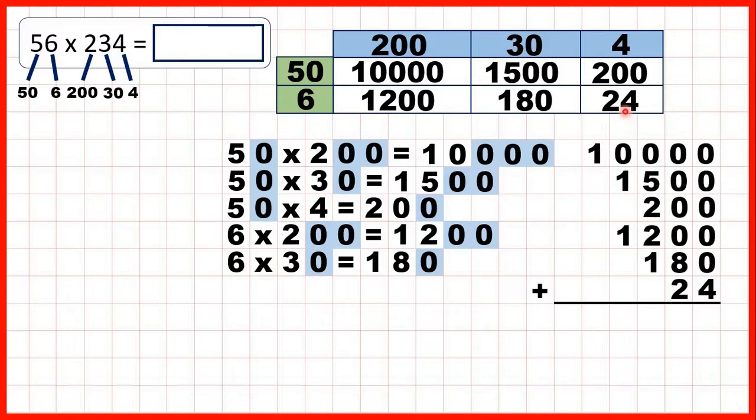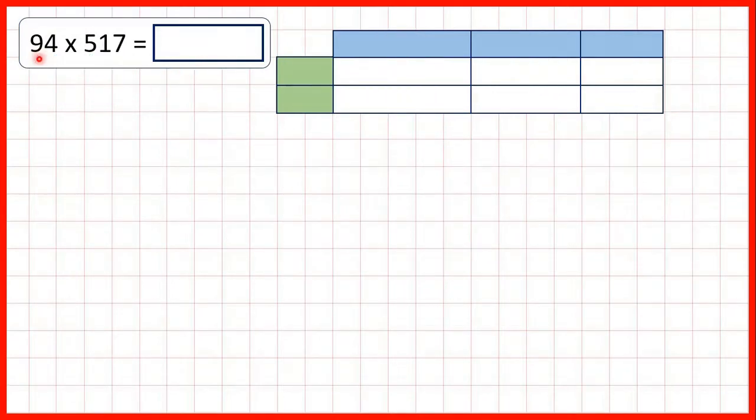So now, to get our answer, we just need to add up the numbers that are on our grid. We can do that using column addition, and when we do that, we get our answer 13,104.